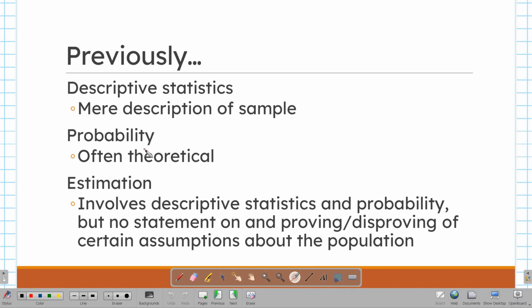Now, we can combine these two so that we can estimate certain values of the population from the sample, but we cannot prove or disprove anything. What we have would simply be an actual statement of where the sample values or the population value is. Basically, that would be it.